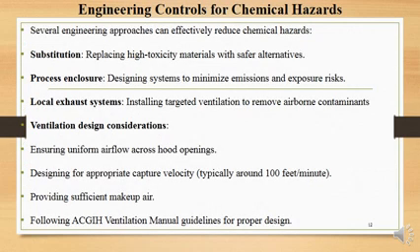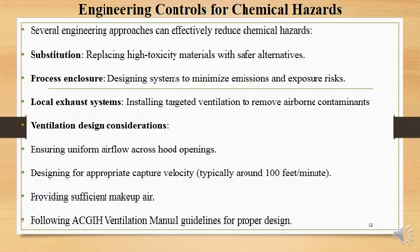Engineering control of chemical hazard. We have substitution, replacing high toxicity materials with safer alternatives; process enclosure, designing systems to minimize emission and exposure risks; local exhaust systems, installing targeted ventilation to remove airborne contaminants.